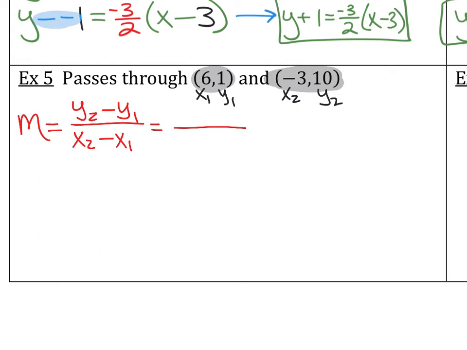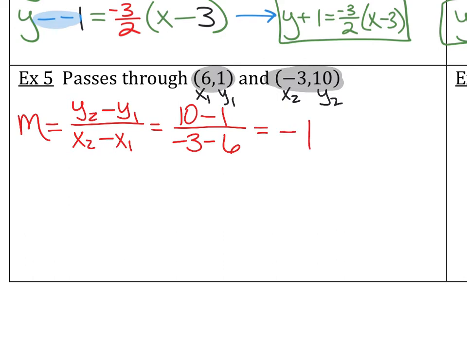So this is going to be 10 minus 1 over what? Negative 3 subtract 6. Very cool. Can you guys throw that into Desmos for me real quick and help me know what the slope is? Negative 9 over 9, which reduces to?